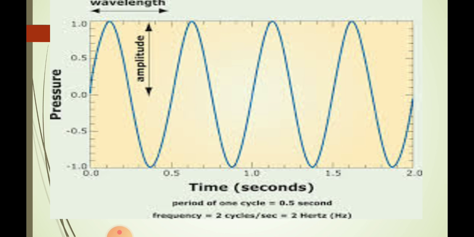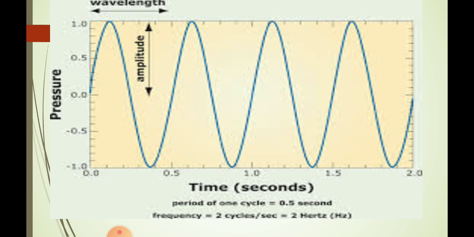So frequency of 2 cycles per 1 second, we call it 2 hertz. Suppose you are moving your hand up and down like the wings of a bird. Once you move towards your right, then towards your left, and again come to the original position in the middle, that is once, and again the same action, that comes in 1 second.